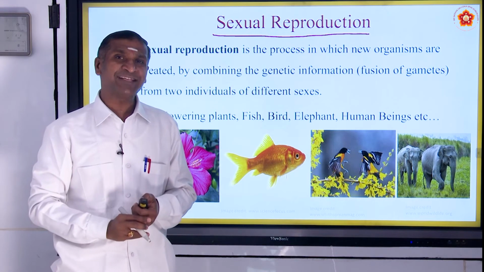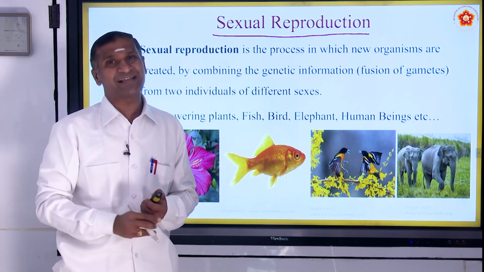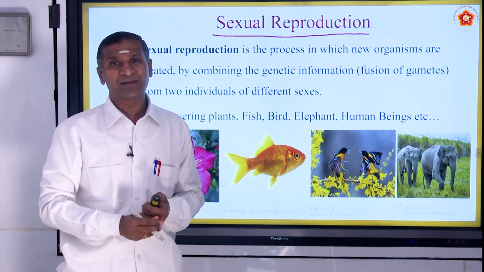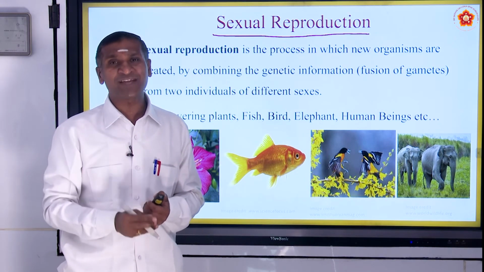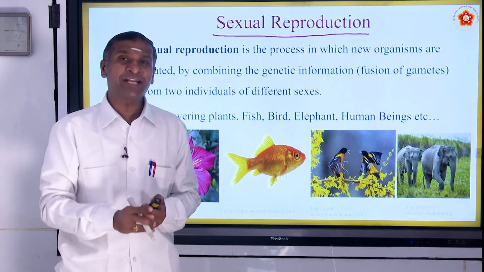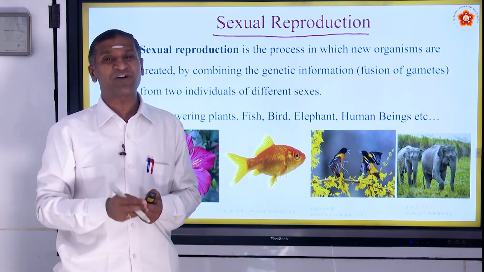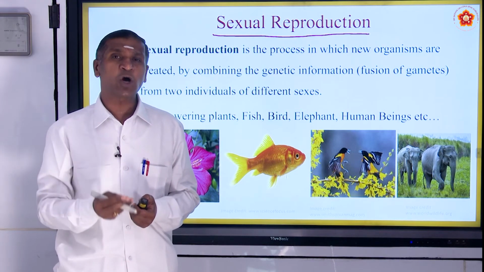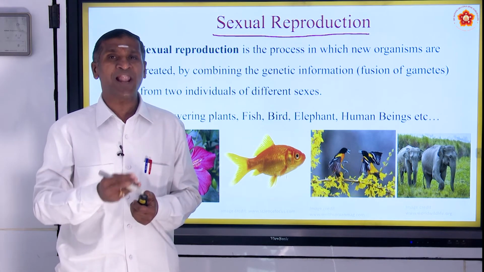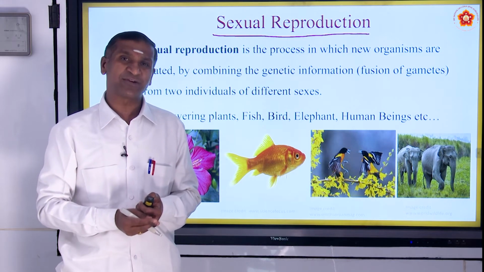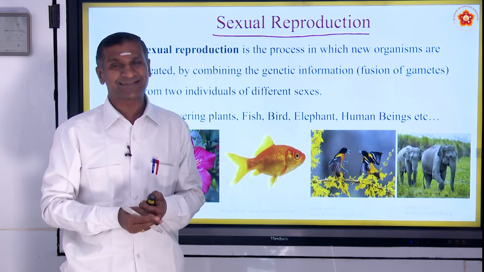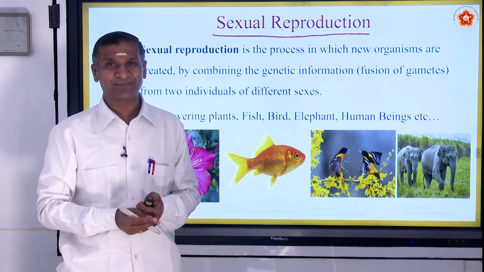Reproduction that is carried out through sex cells or through gamete formation and the fusion of the gametes between individuals of different sex. It's a highly evolved, complex and well organized process of reproduction seen in higher plants and higher animals.